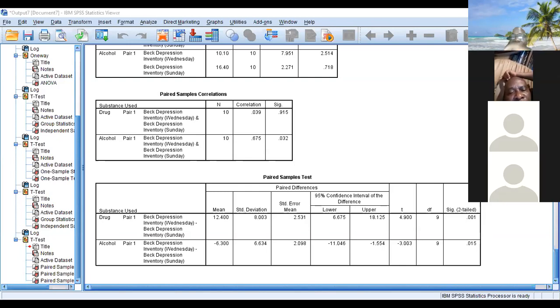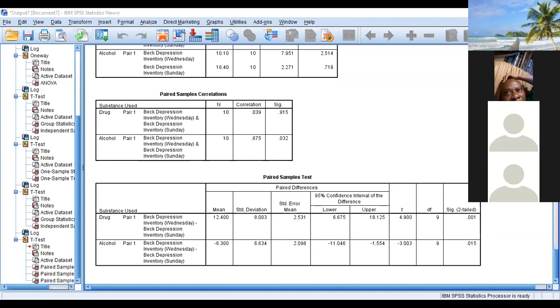I think it was only drug that was significant. Alcohol was not significant. I don't remember the result. Okay, both of them were significant. The difference between Sunday and Wednesday was significant for both drug and alcohol.